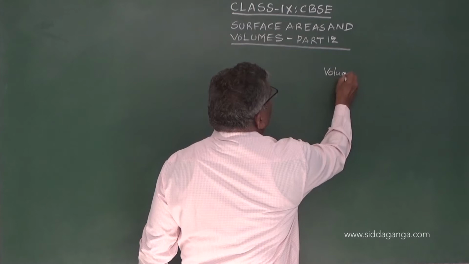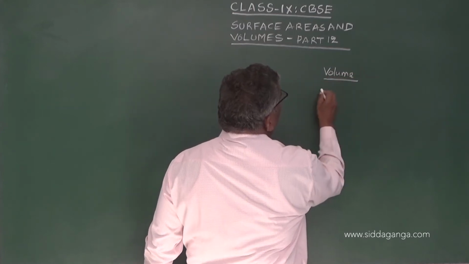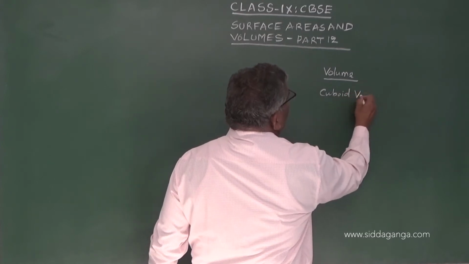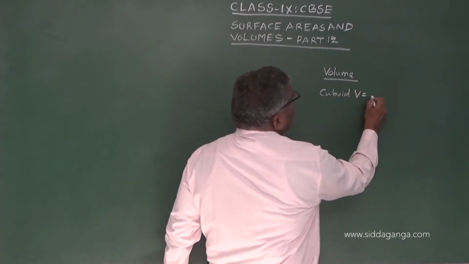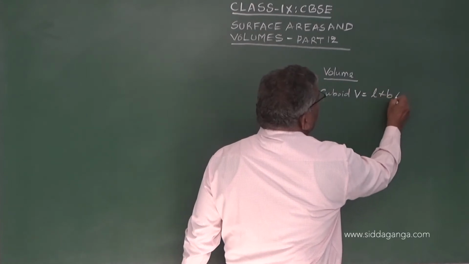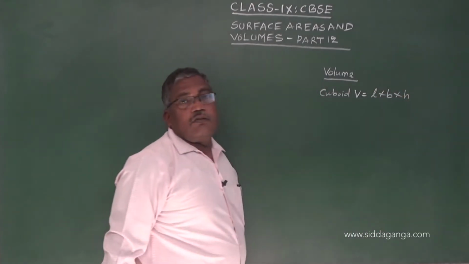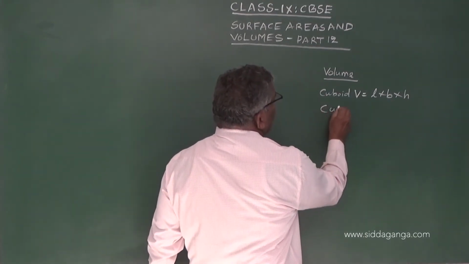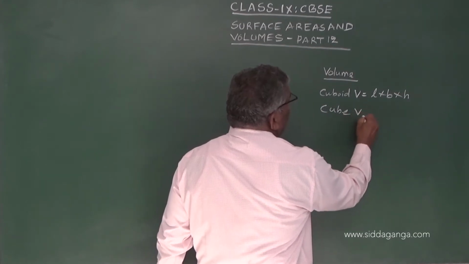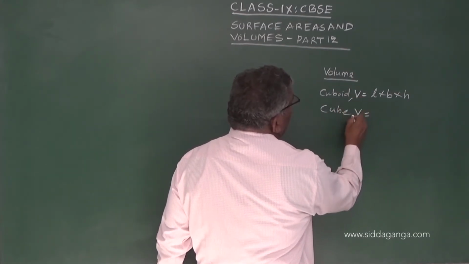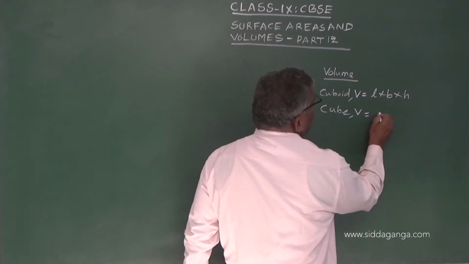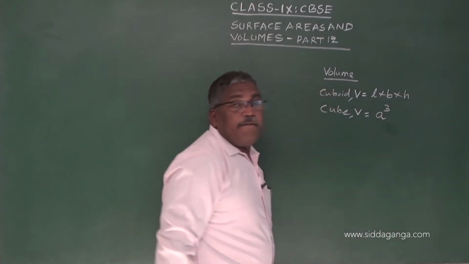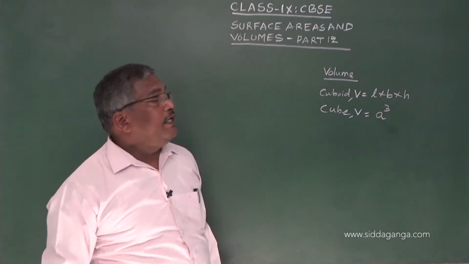Volume, so for cuboid, volume is equal to L into B into H. So this is the standard formula, and for a cube, volume will be equal to A cube, where A is the side length.